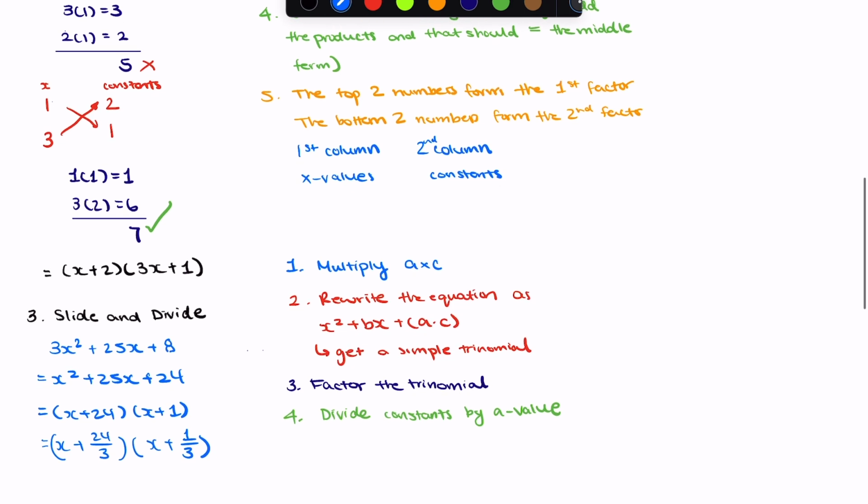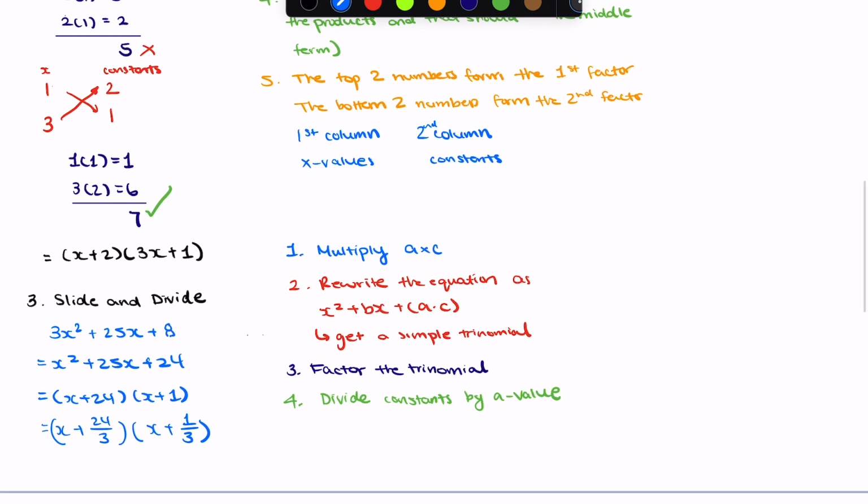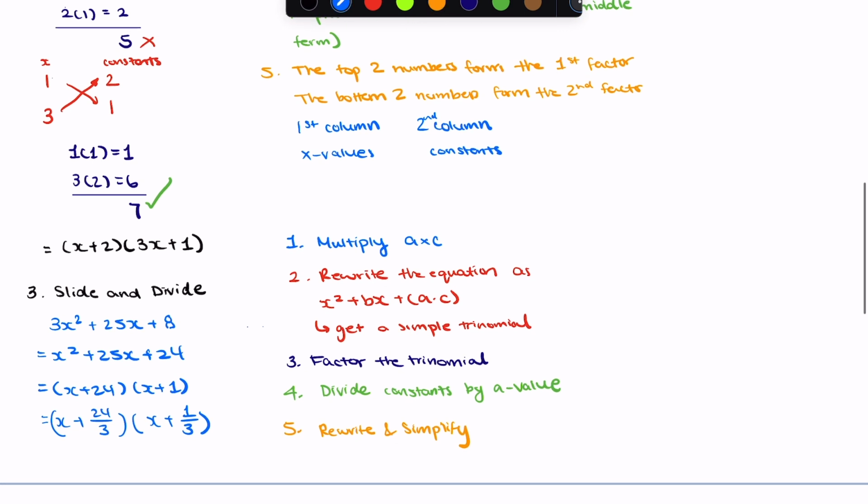And so we can rewrite these and simplify at the end. So step 5 would be to rewrite and simplify. Here, we write this as x plus 8. We can write the second factor as 3x plus 1.